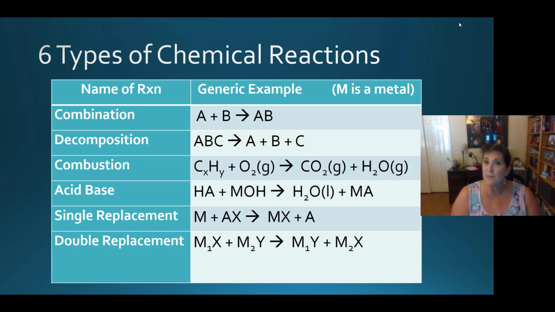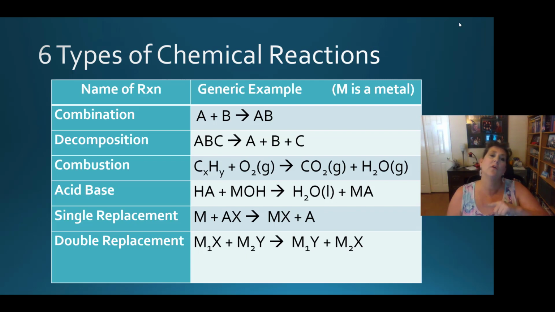Next we have the replacement reaction. Single replacement is first. A single replacement reaction is when you have a single metal by itself. Single metal, single replacement. So we have a metal plus something. It is either an acid or an ionic compound with another metal. So for single replacement reactions, if we have a reaction, the metal needs to be more active than the metal in the compound.